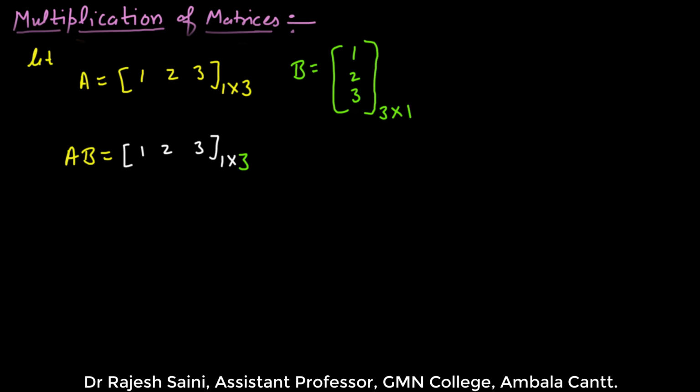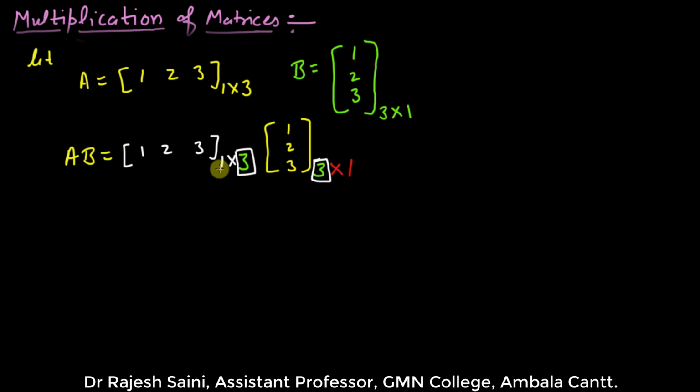Next write B: 1, 2, 3, and write its order, 3 by 1. So now we see the number of columns of A is equal to the number of rows in B. So these are equal to 3.